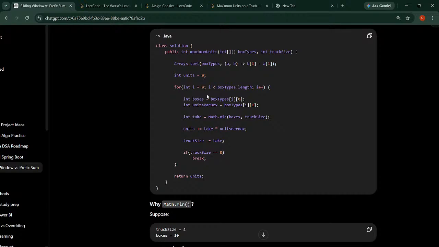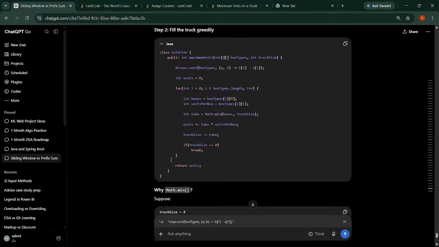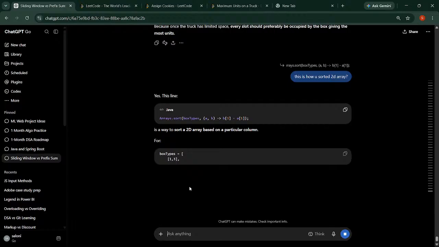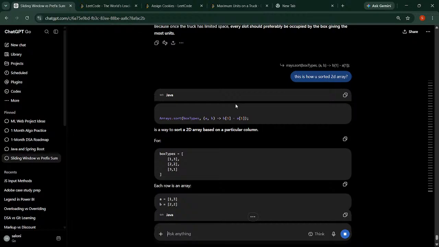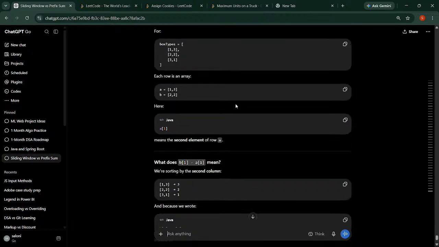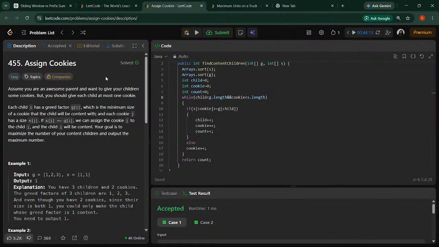So let me see how I can do this. We can sort our 2D array using this. Okay, this is how you sort a 2D array. Okay, fine. I will see the logic of it.